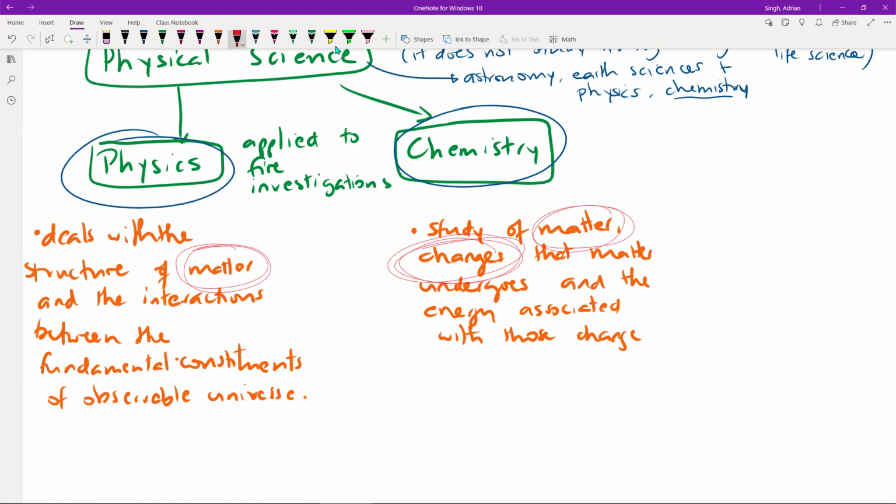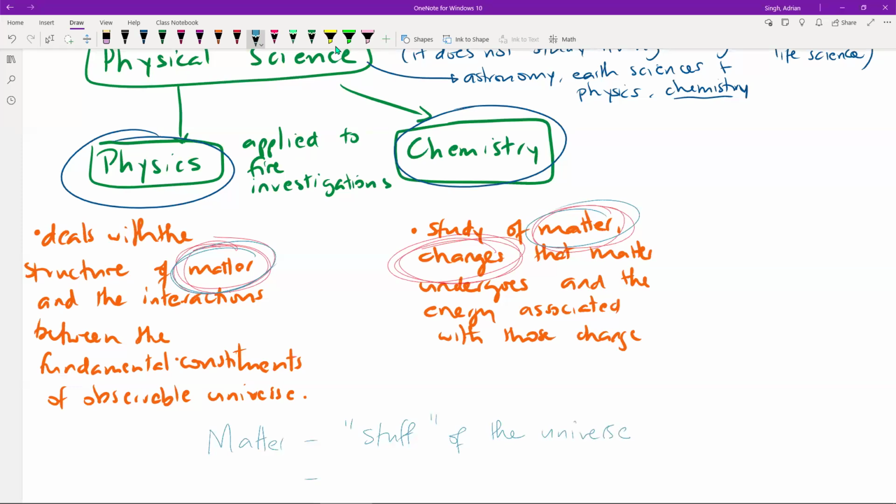Like I said, there is some overlap between these two, and what's common in both of these definitions is this idea of matter. So what exactly is matter? Matter is simply, again in a non-technical way, the stuff of the universe.